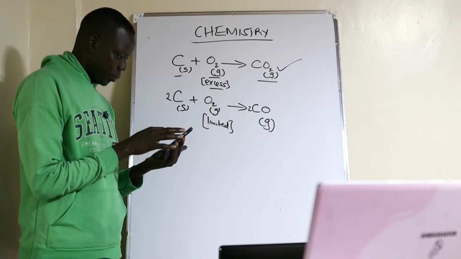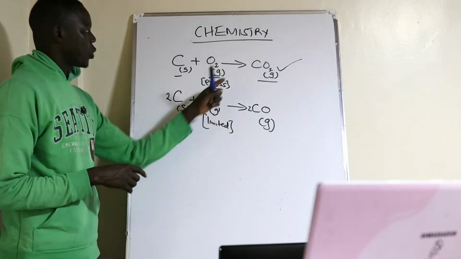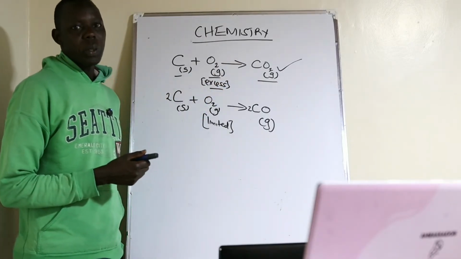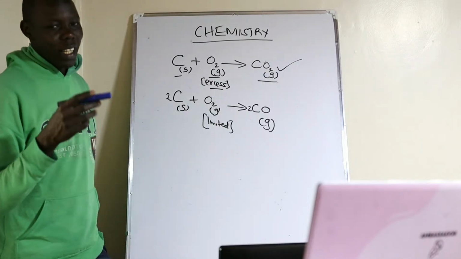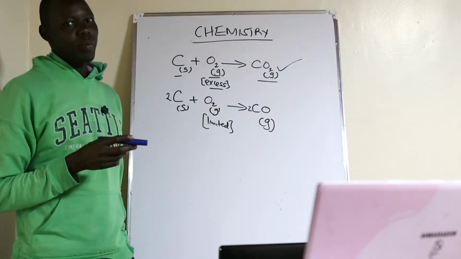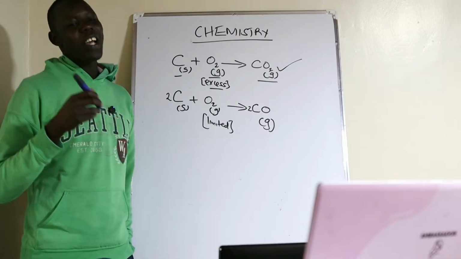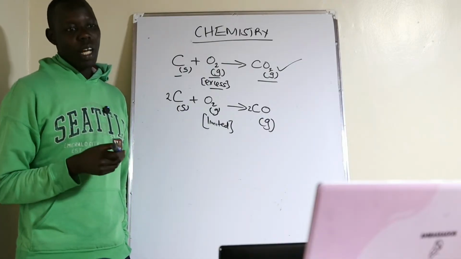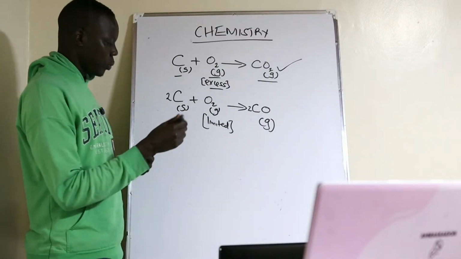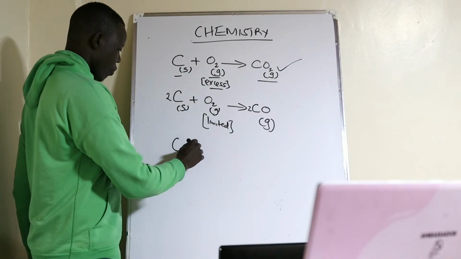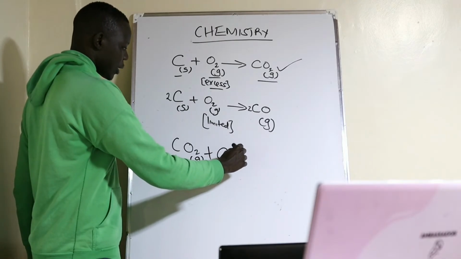So what I'm saying is that this CO2, in Form 1, you are told that if you want to know that a certain gas is CO2, like a confirmatory test for carbon dioxide, this one is the one that you pass through lime water or calcium hydroxide. It forms a white precipitate. So we can write an equation like CO2 gas to react with calcium hydroxide.